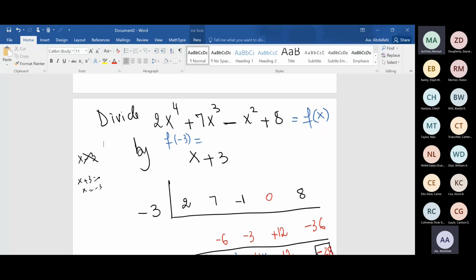Okay, so when you plug in negative 3, what number did you get? What number did you get? You plug in negative 3 here, so it's going to be 2 times negative 3 to the 4th power, right?